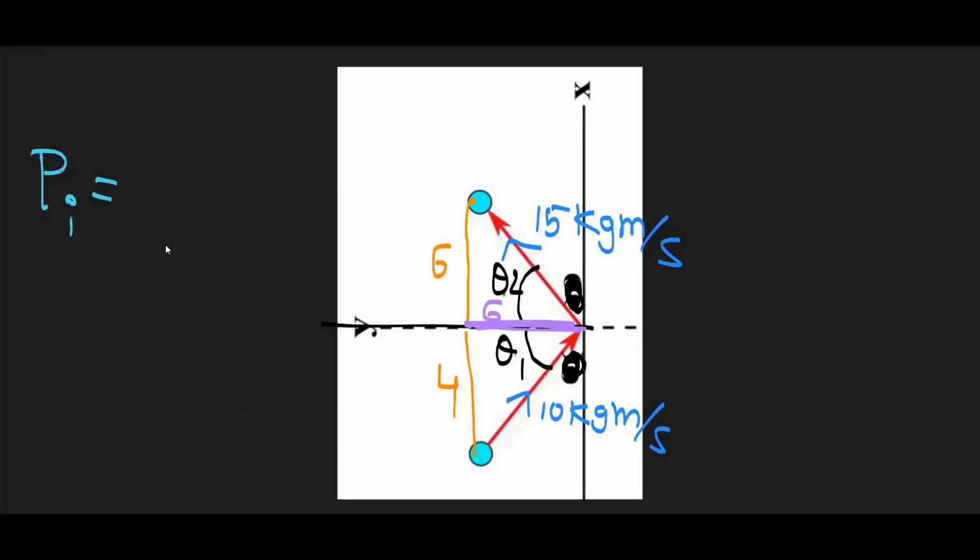MV1 is 10, correct or not? It will have two components. Tell me how the components will be. See the vector, this is the initial 10. So its components will come, one will come towards.